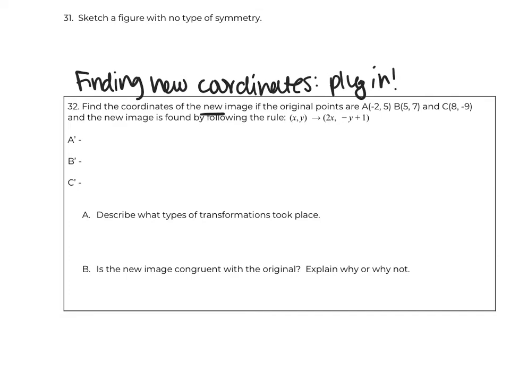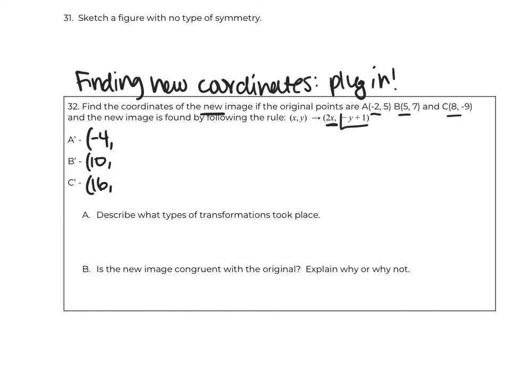So all my x's I'm just multiplying by 2 according to this. So that's going to give me A prime negative 4, B prime 10, C prime 16.